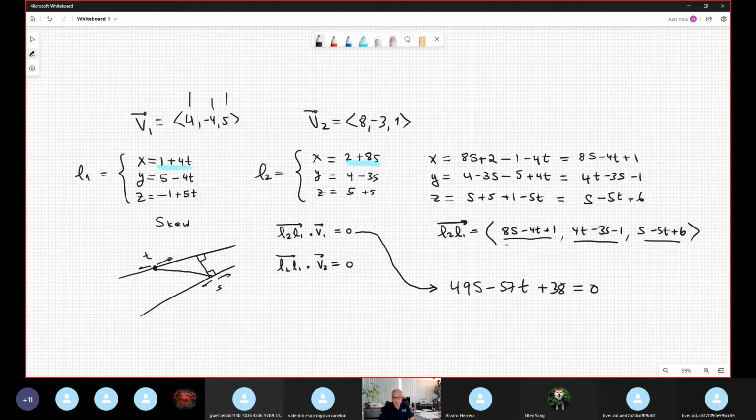Likewise, you multiply again this times this, this times this, and this times this, and you get this equation, which is different. It is 74s minus 49t plus 17 equal to 0.